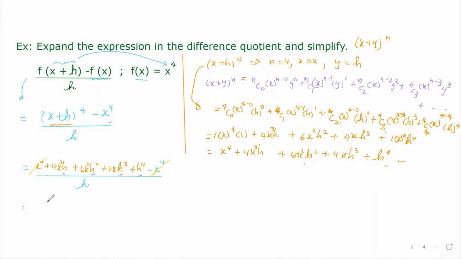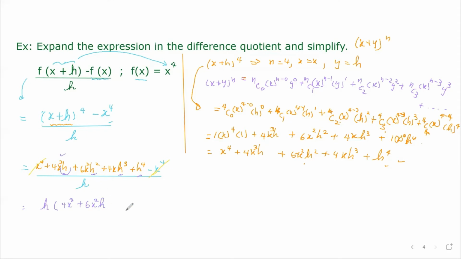Get the h out, okay? So this term is left, 4x power 3, right? Because we take common factor h out here. Common factor h out here. So the second term is left, we have 6x power 2 h.